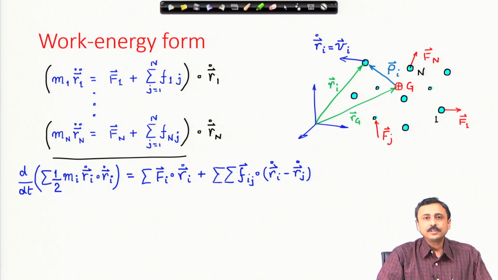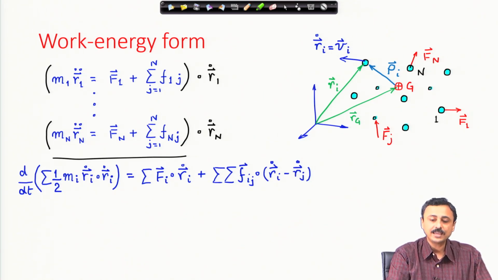And I have a double summation of the internal forces F_ij dot the velocity of the ith particle minus the velocity of the jth particle. Now, this double summation is over i and j.